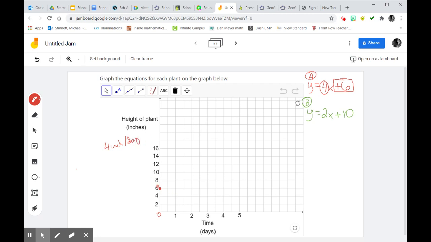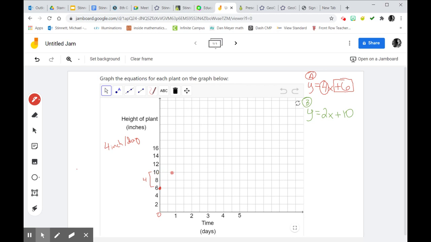If I want to graph this, I have to start at my starting point here at 6, and then go up 4, from 6 up to 10. So from here to here, that's 4 inches. I go up, but I don't put a point there yet. I wait.